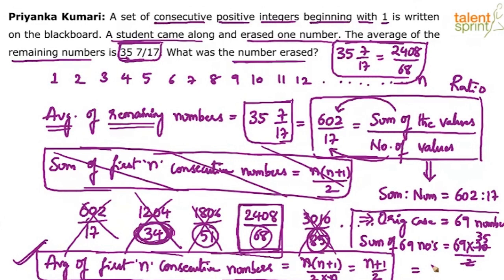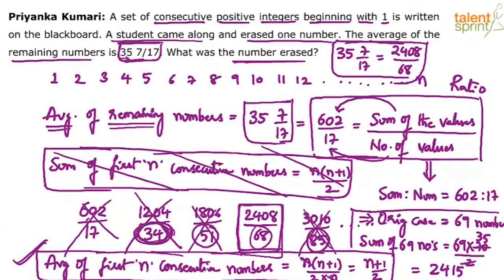That's like 35 squared, 1225 into 2, which is 2450. 2450 minus 35 becomes 2415, right? 69 into 35 comes out to be 2415. That's it. So now I've got the answer.